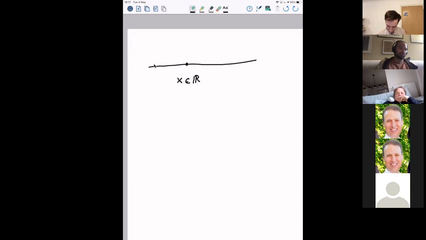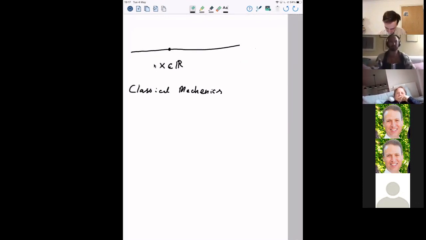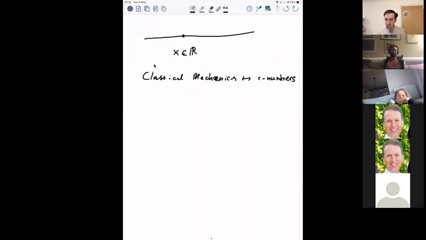So classical mechanics is described by C numbers. By this, I mean that whenever you have some physical system, the possible physical states of that system are always described by C numbers.